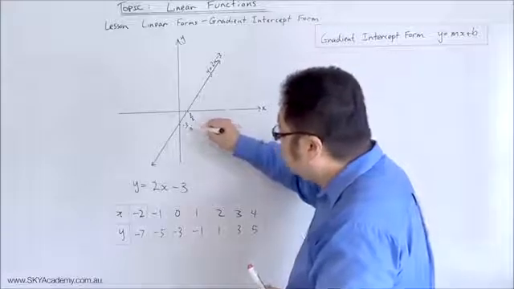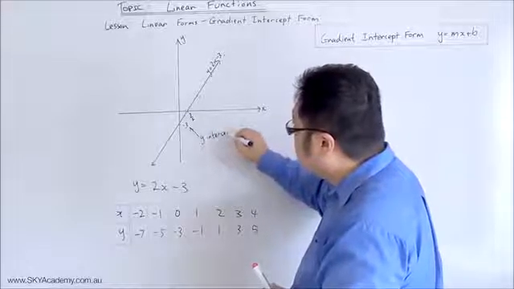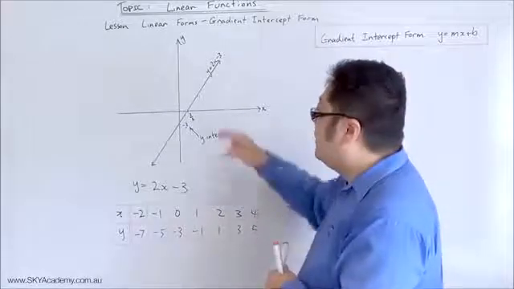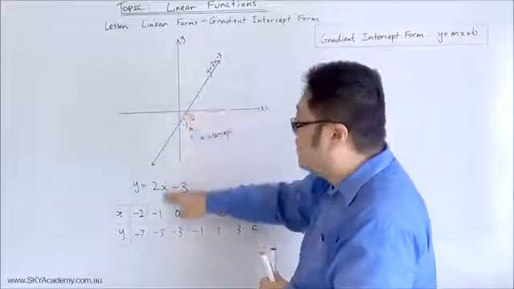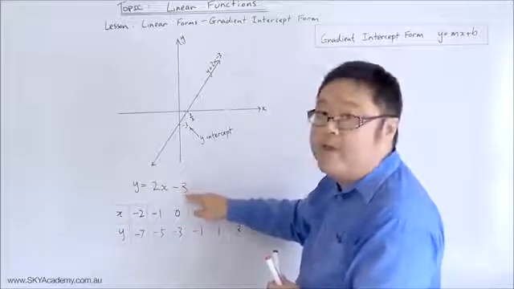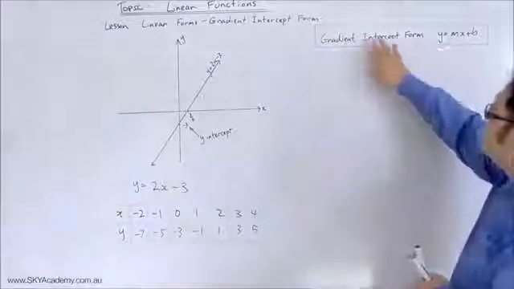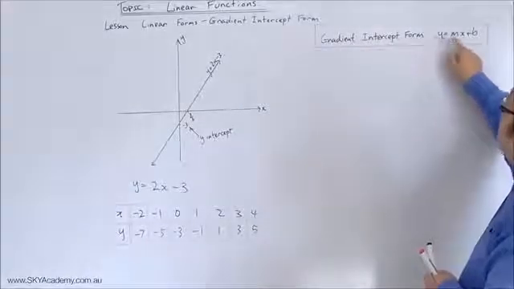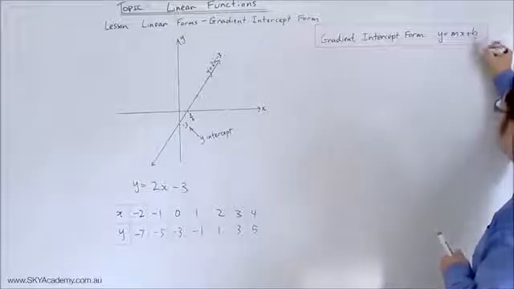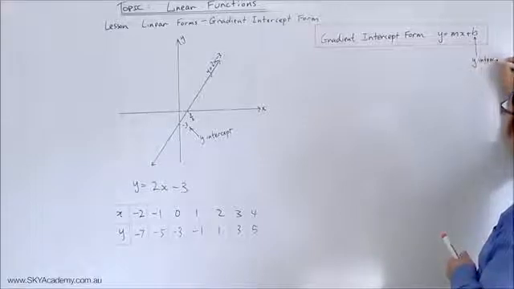That 3 is called your y-intercept, and it's when x equals 0. When x equals 0, that term will disappear, and so that number there is your y-intercept. So in your gradient intercept form, y equals mx plus b, your b represents your y-intercept.